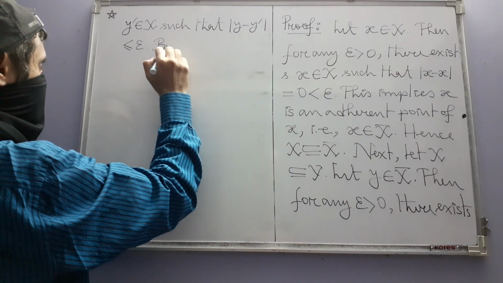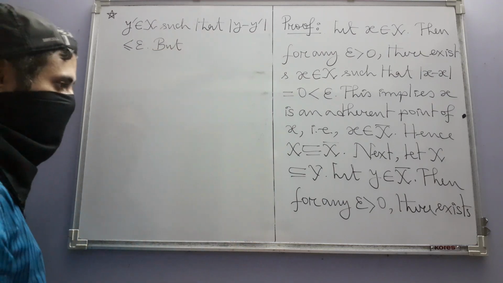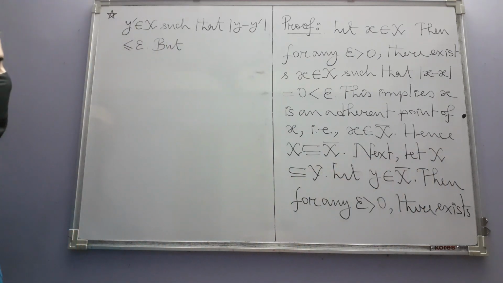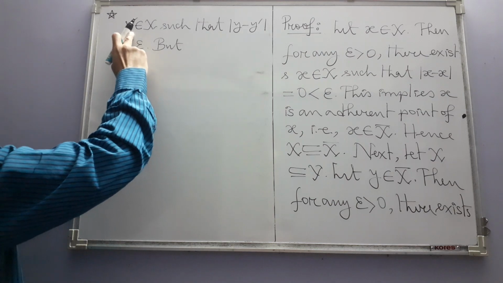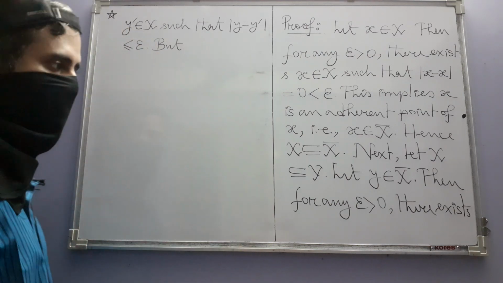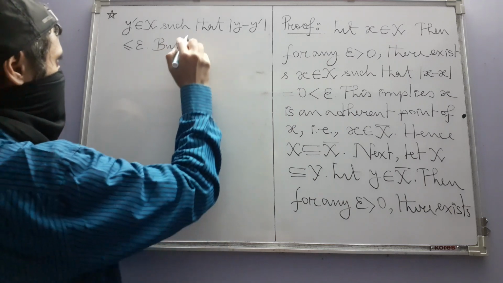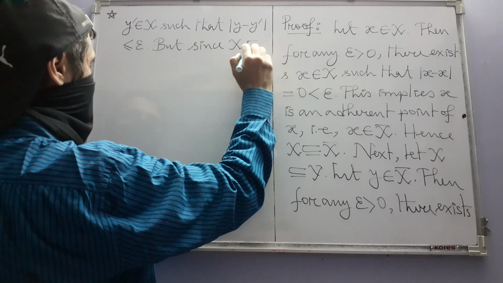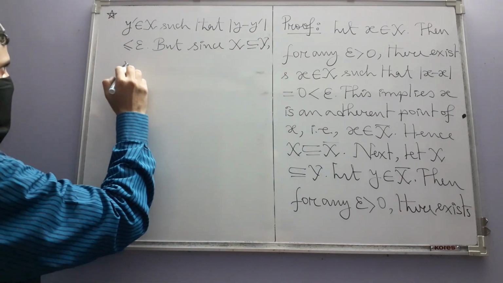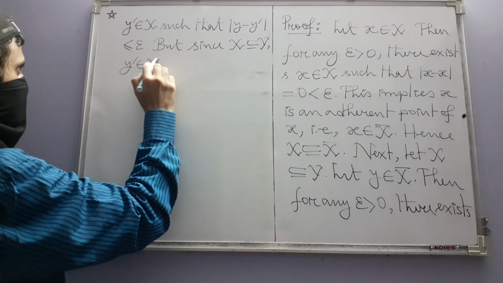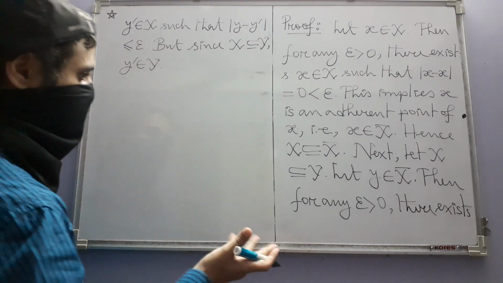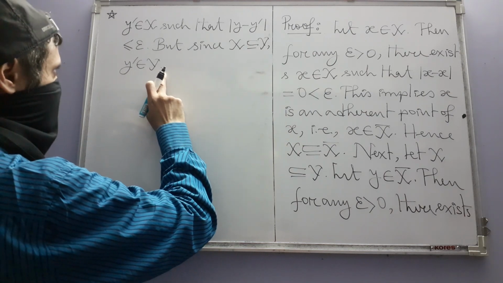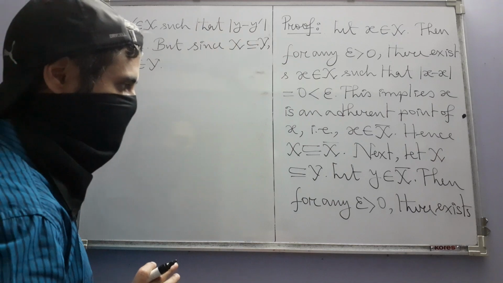But okay, now you invoke this condition that x is contained in y. So y prime being in x must also be in the set y. But since x is a subset of y, y prime belongs to y. So now what are you having? You are now having an element y prime in y, that is epsilon close to y.